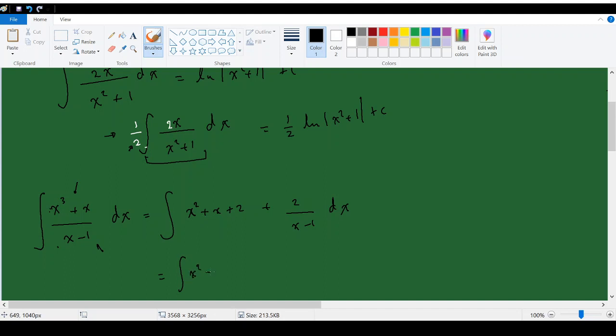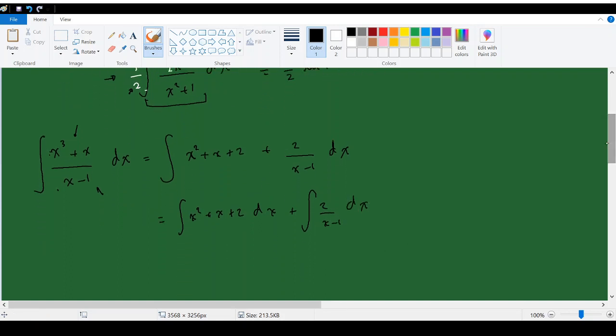We can have the answer for this one because it's just a polynomial. And for this portion, we have a number in the numerator and a linear factor in the denominator. So what we can do is, if we just take this 2 out from the numerator, from the integral, we have the denominator as f(x) and the numerator as f prime(x).